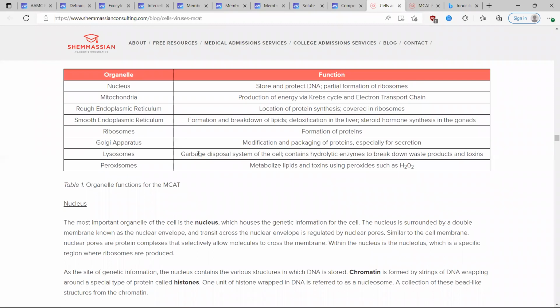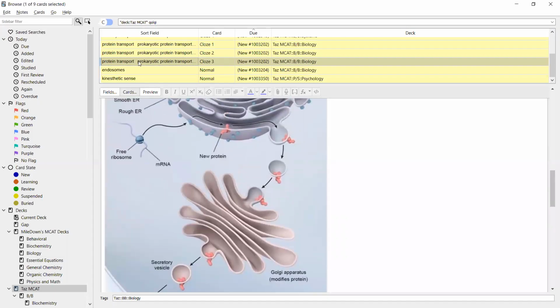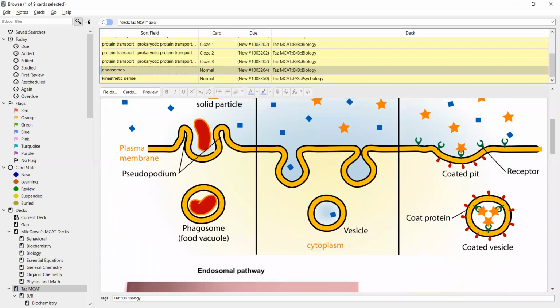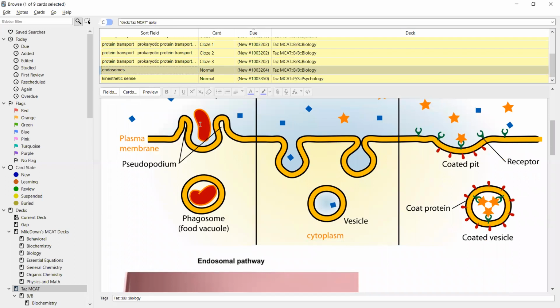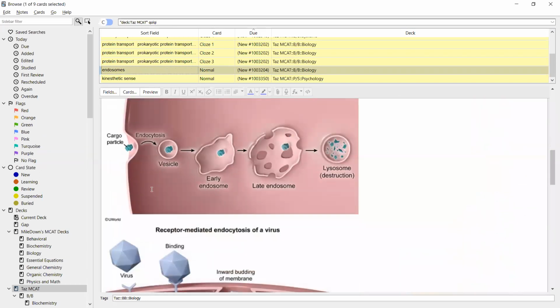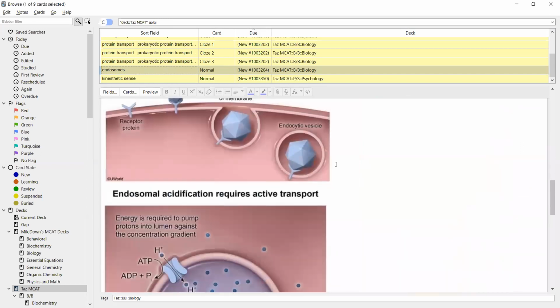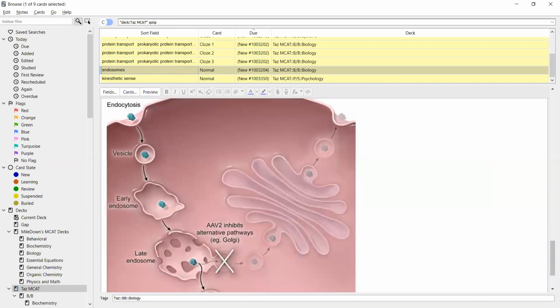Lysosomes, like we talked about, are garbage disposal. So what they do is they bind. So whenever we have phagocytosis and something has come in, this vesicle will bind with the lysosome, and it's going to destroy whatever is inside.